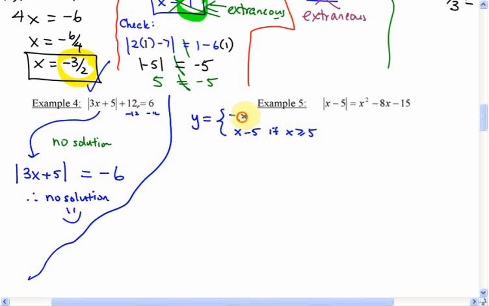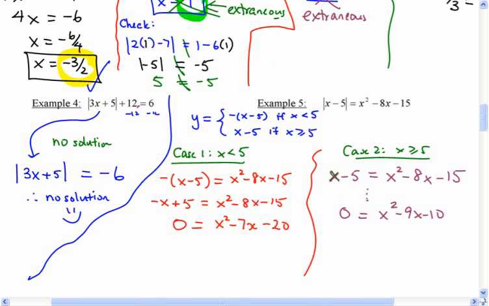Negative x minus 5 if x is less than 5. Go ahead, look at all the different cases. Do you see how I left you lots of room for example number 5? Go have some fun with this one.